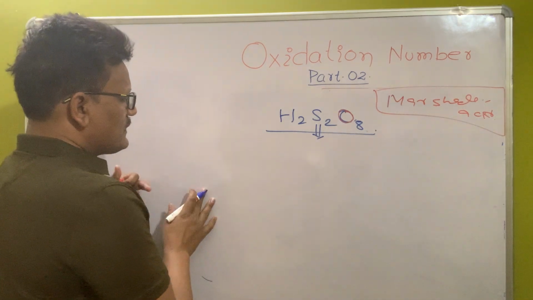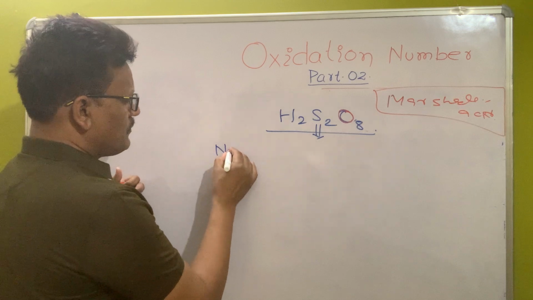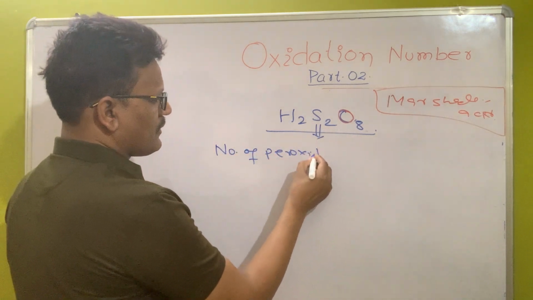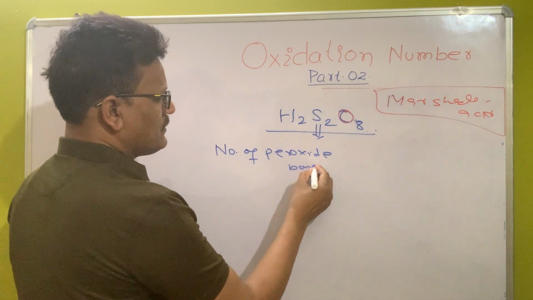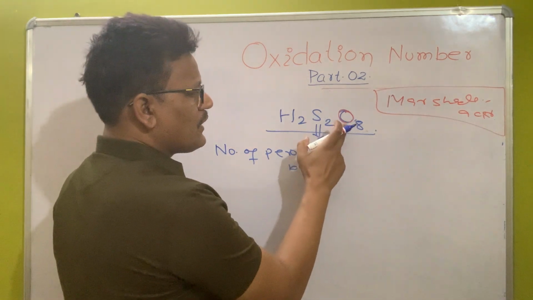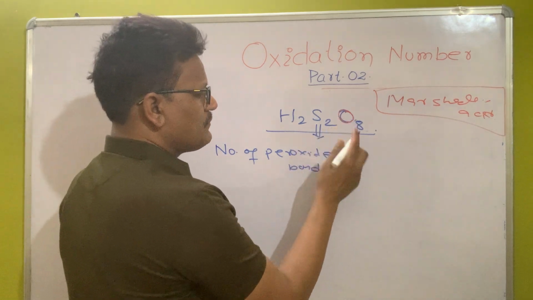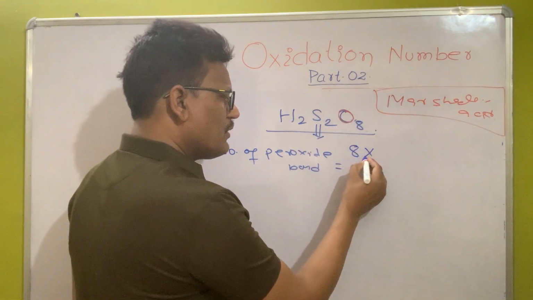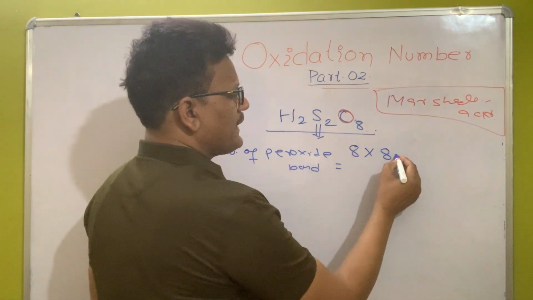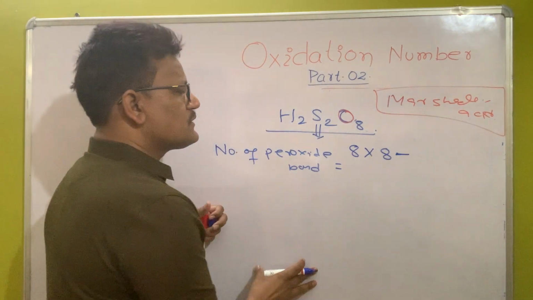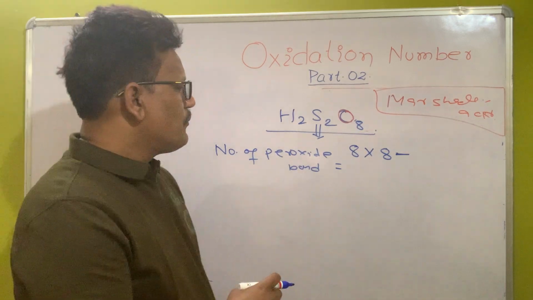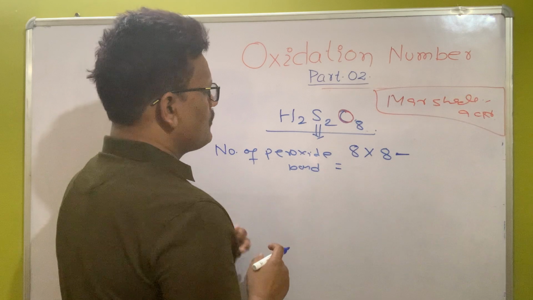How can we calculate number of peroxide bond? So the number of total oxygen atom we have 8 multiplied by 8 because of octet rule minus total valence electron we have to know.